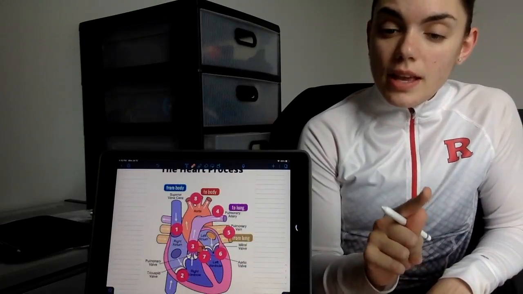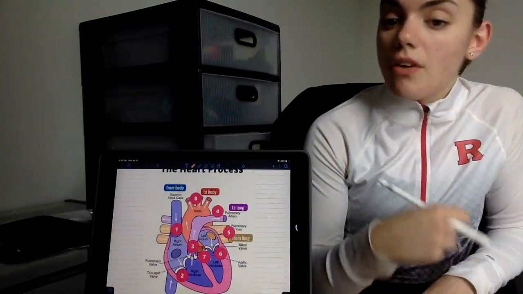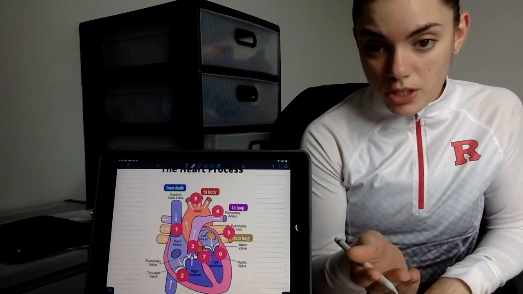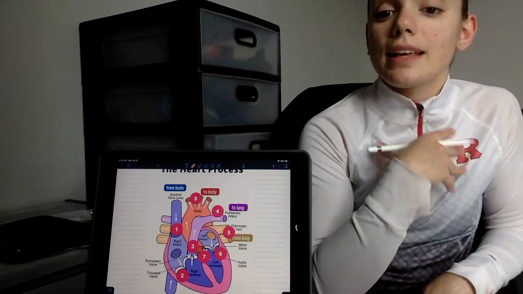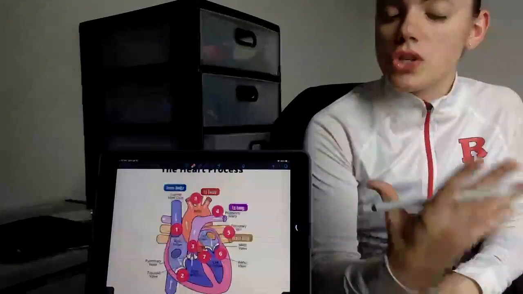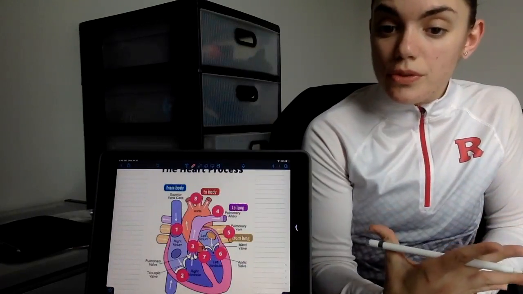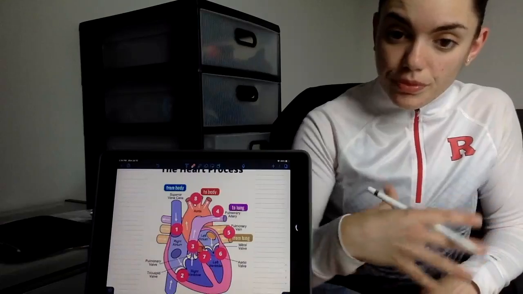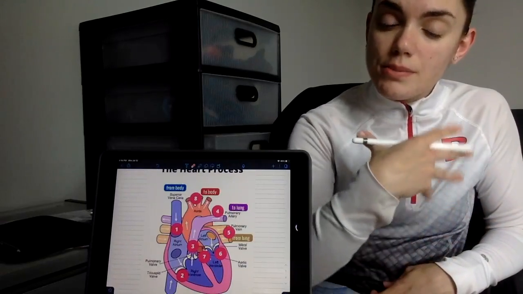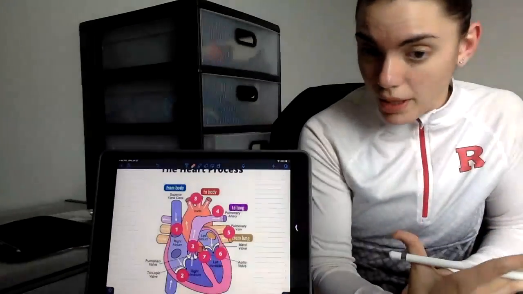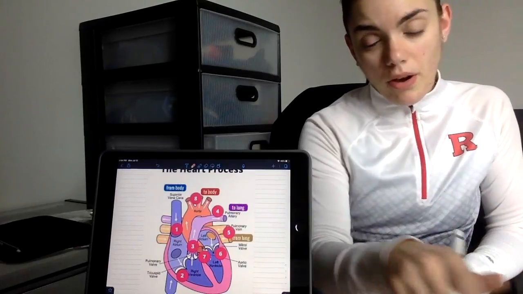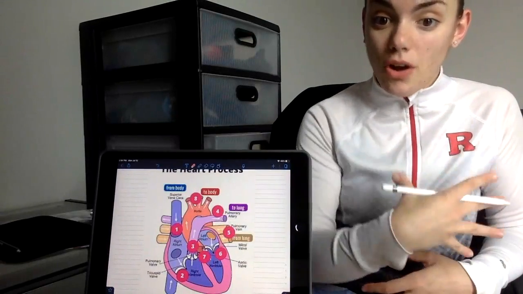Veins carry blood that has already traveled to a bunch of different tissues and given its nutrients and its oxygen to those tissues so they can survive. And the veins bring that deoxygenated blood, without oxygen, back to the heart.